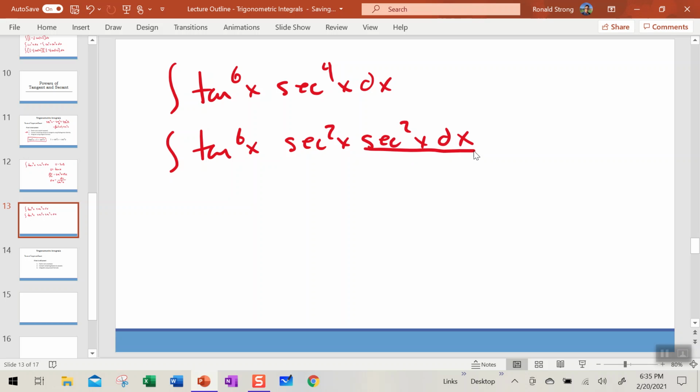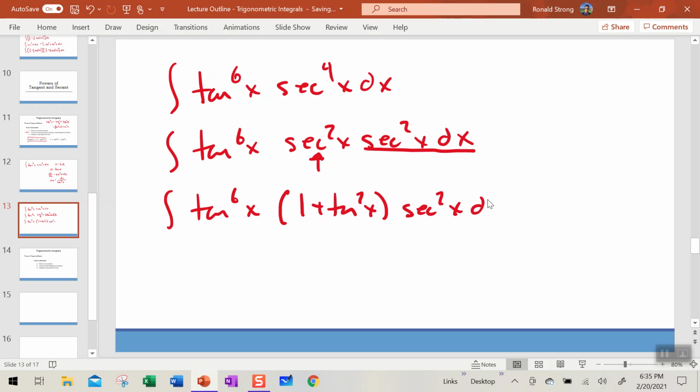This I'm going to leave alone. This I'm going to convert to tangents. So I have the integral of tangent to the 6th x times 1 plus tangent squared x times secant squared x dx. And as always, at this point in time, we're going to be doing a little bit of algebra and then a substitution problem.